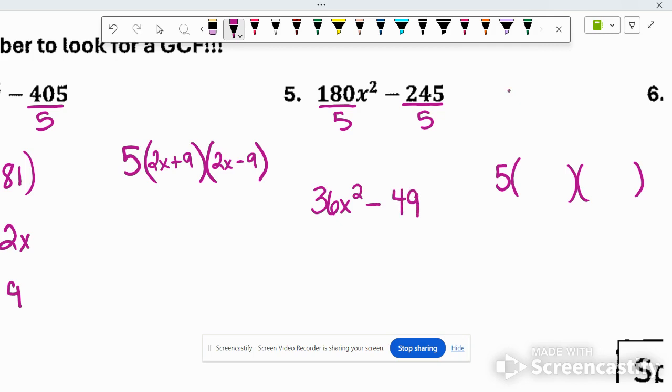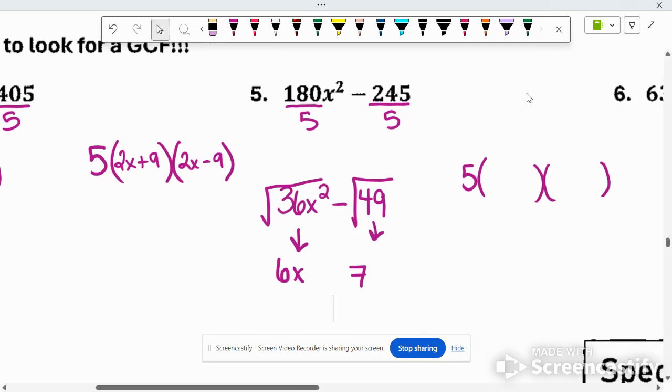Square root of 36x squared is 6x, and square root of 49 is? Perfect. What are my two binomials? 6x plus what? Okay.